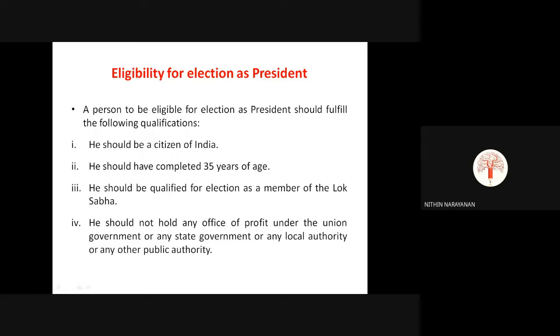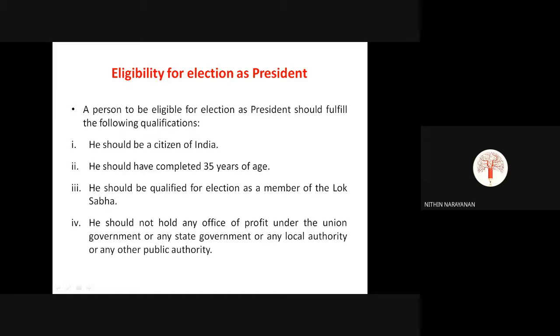So, how is the President elected? We all know how the general election takes place in India; in the last class, we discussed how the general election is held. But the election of the President, the Vice President or the Governor takes place in a different manner.